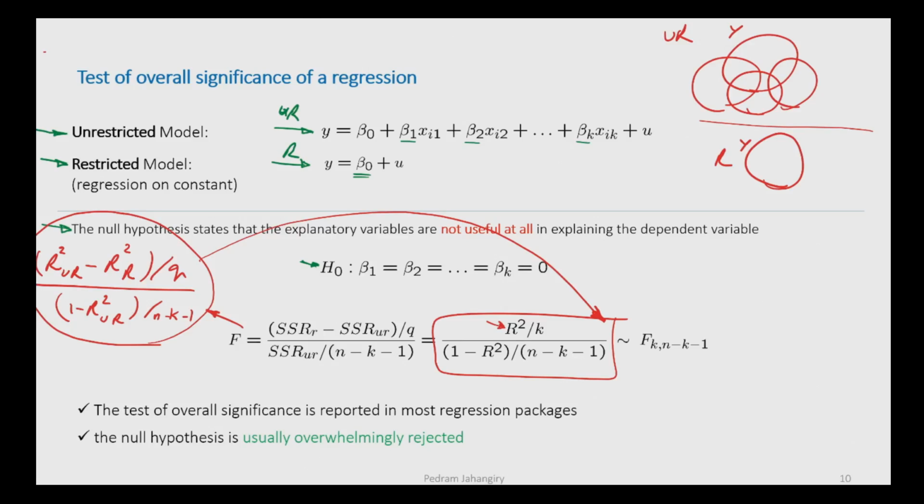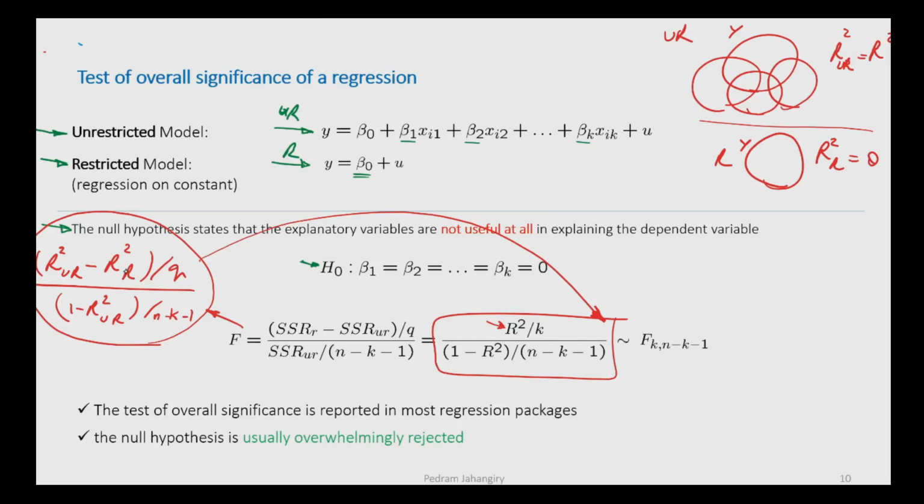So R squared of the unrestricted model is what? This is the R squared of the model, the overall R squared that we see in the output of R, right? What is the R squared of the restricted model? What do you think? 0. There's no explanatory variable out there, right? So we can go ahead and simplify this very easily.